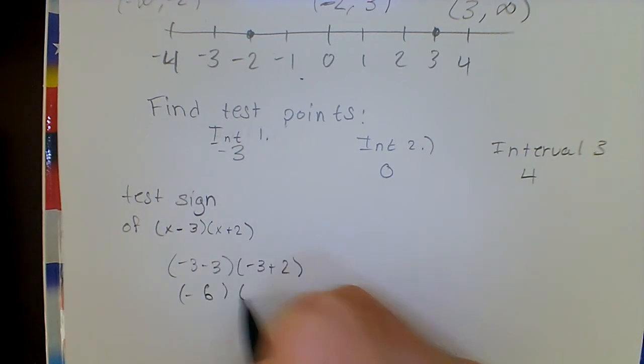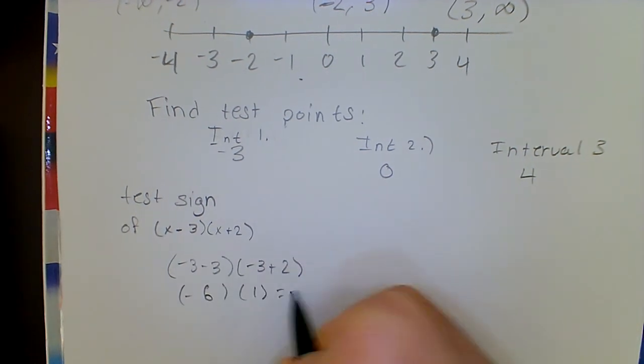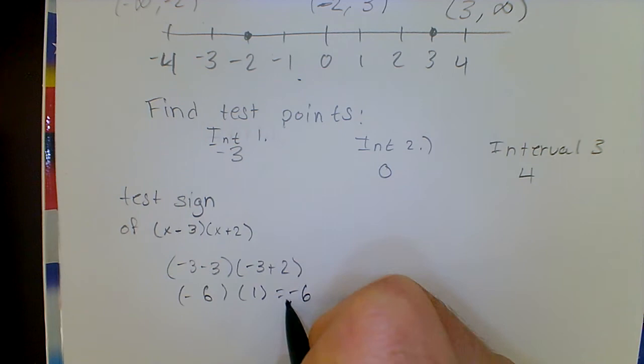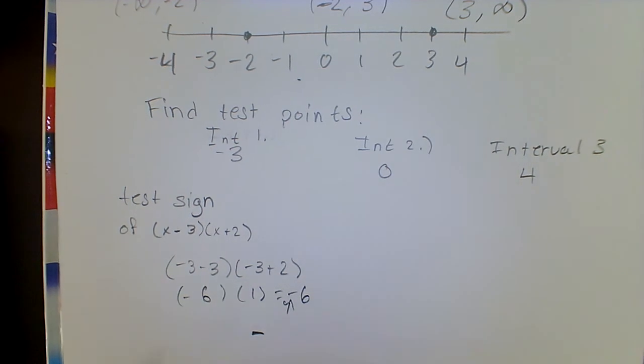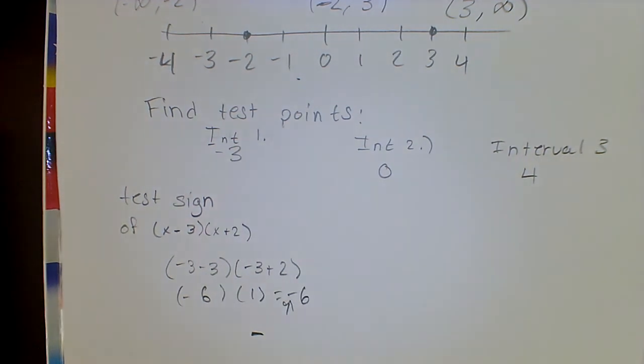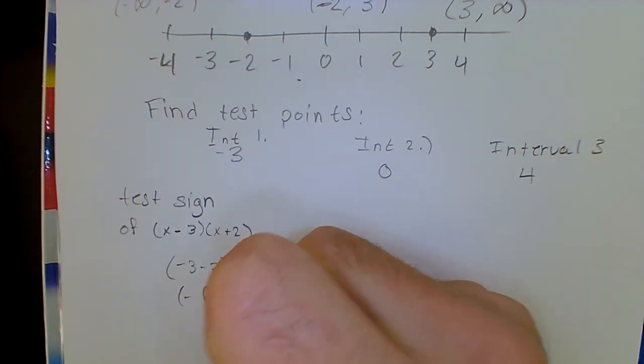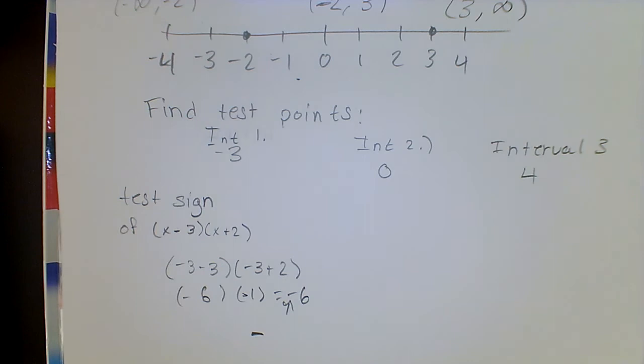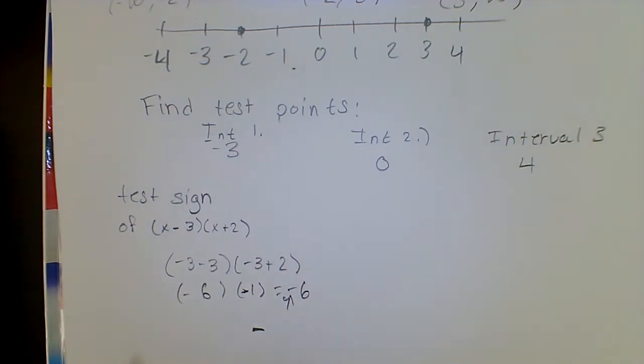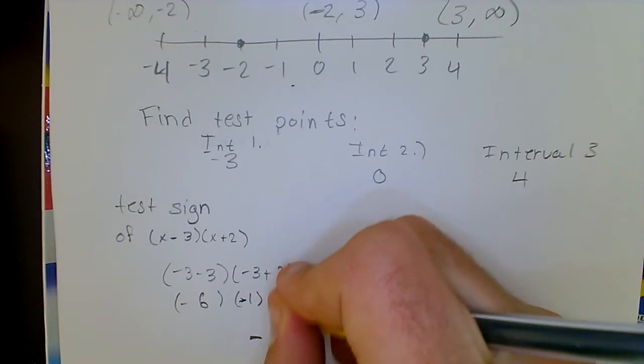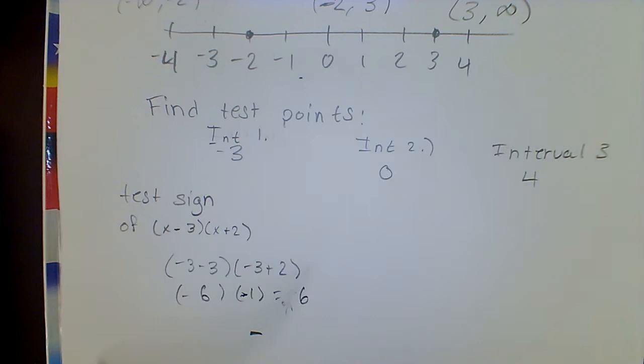So that's -6 times... I messed up. This is a -1. -3 plus 2 is not +1, it's -1. So -6 times -1 is positive.